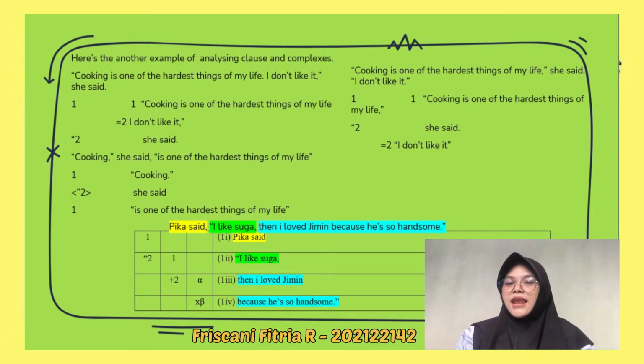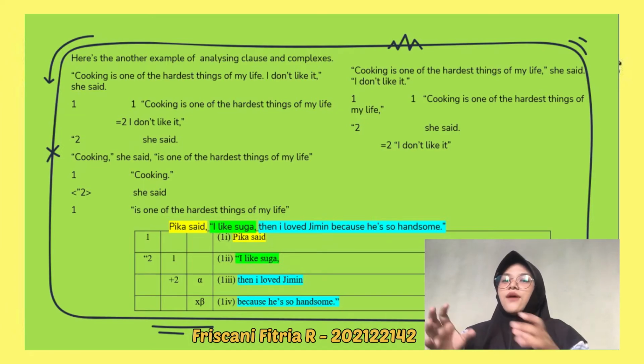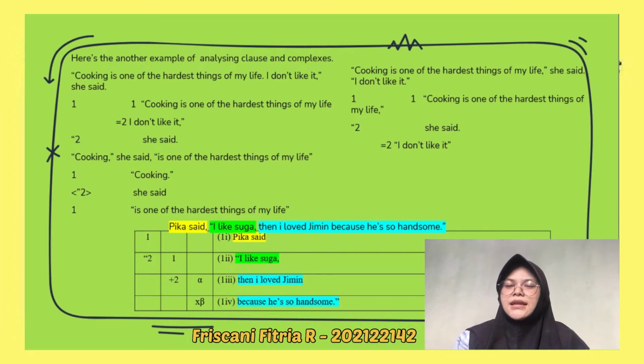So it is labeled with number 2. And why is it equal beside the number 2? Because it gives us a precise feeling about what you want to say. So cooking is the hardest thing of my life, so I don't like it. But then the whole thing is actually a verbal process because it is something that you said. So it is a projection, as the presenter explained before.